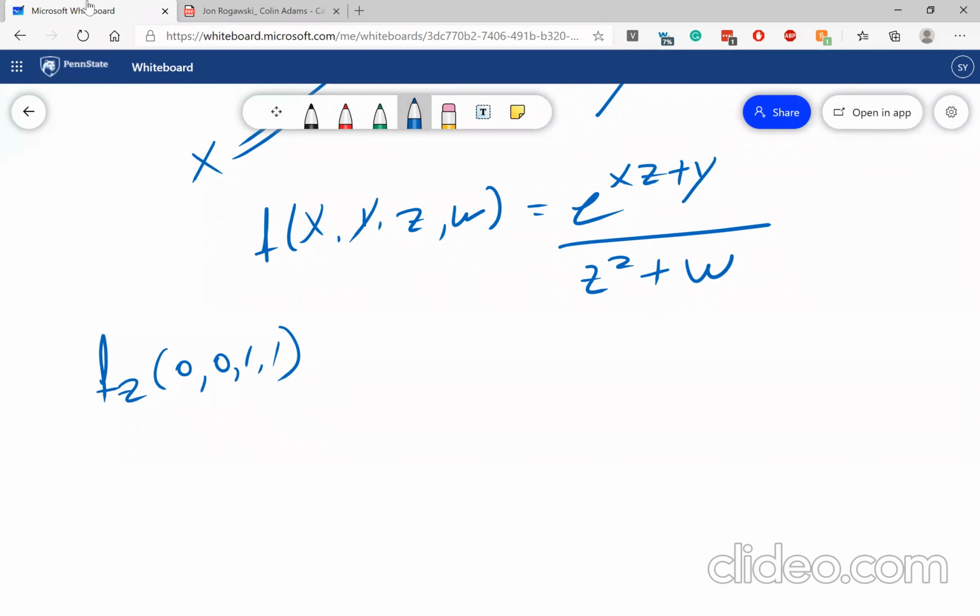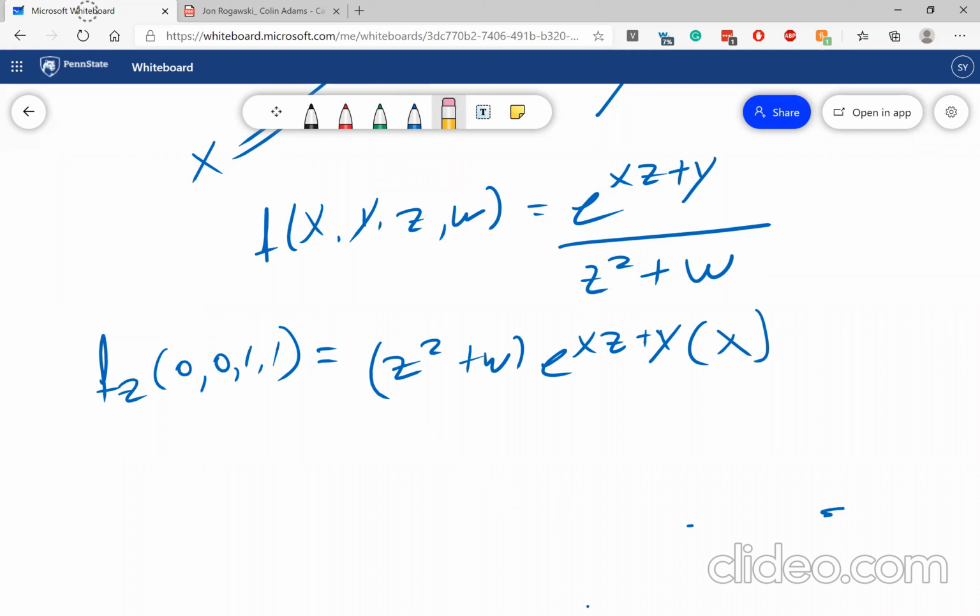So this is going to be, by the quotient rule, the bottom part times the derivative of the top part. So (z squared plus w) times e^(xz) plus y times x, because everything else is constant up there.